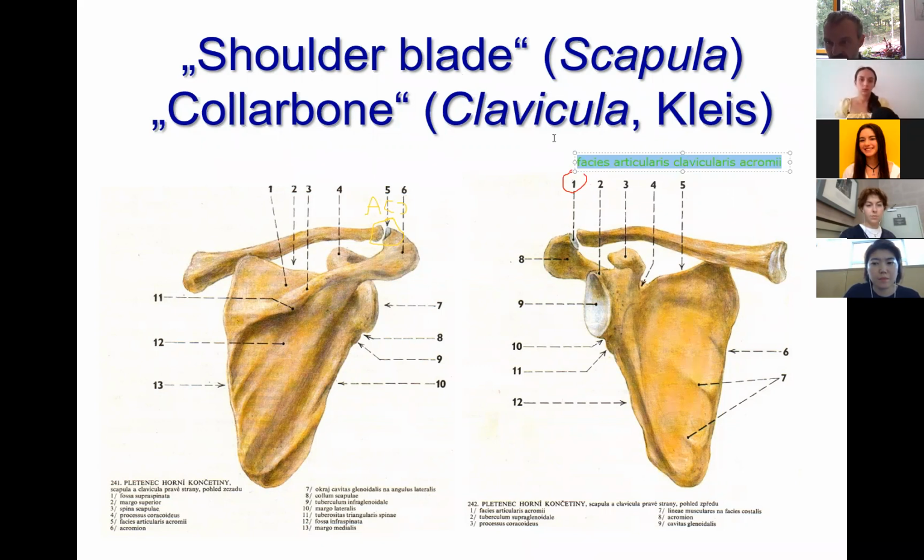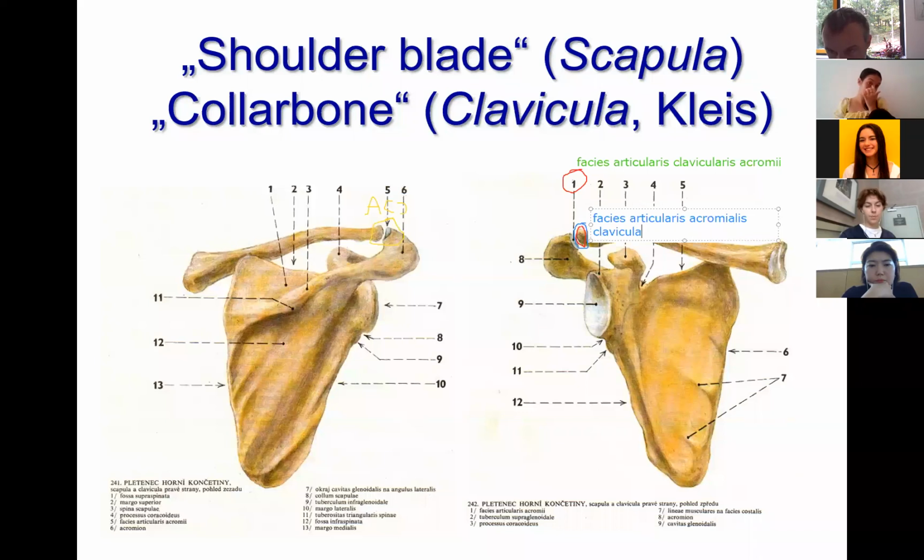And on the other side, this surface, I'll change the color to that. How do we call this? The name is quite similar, and we call it, again, articular surface, but it's an acromial surface of clavicle.